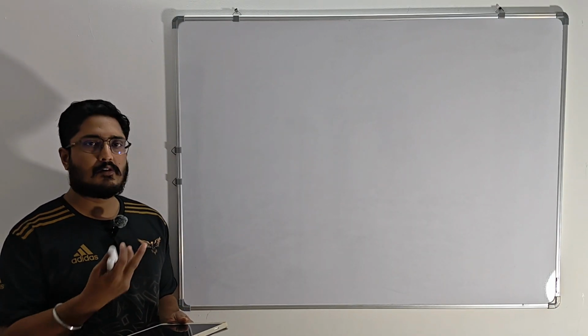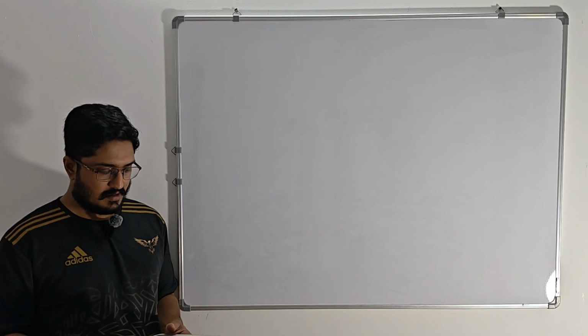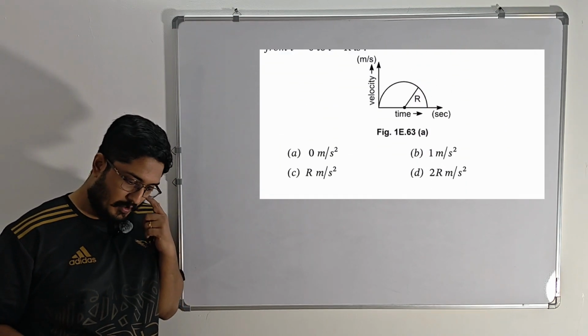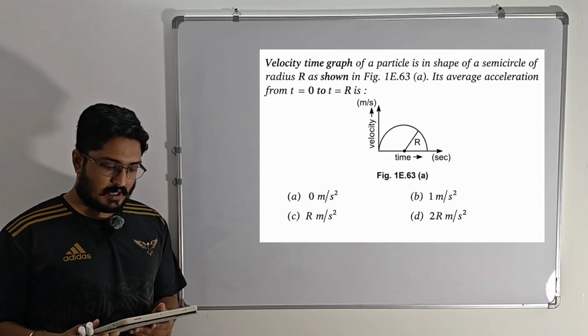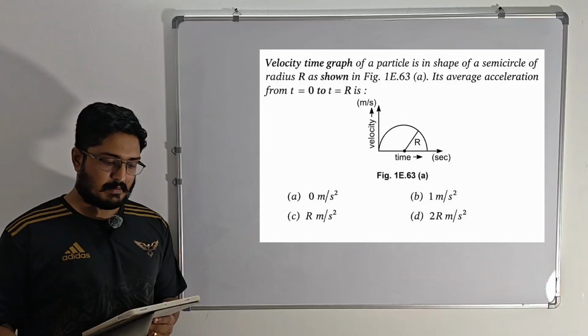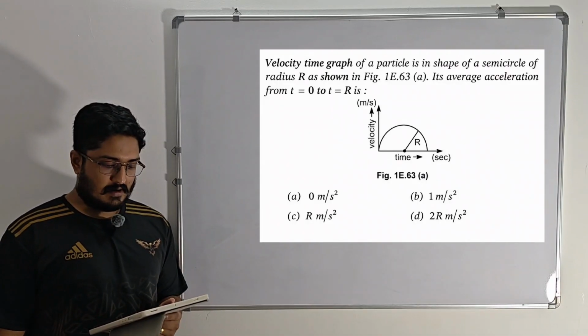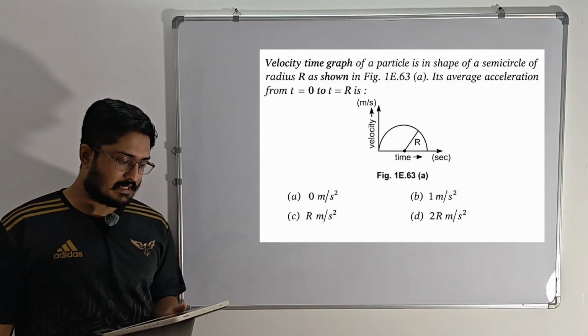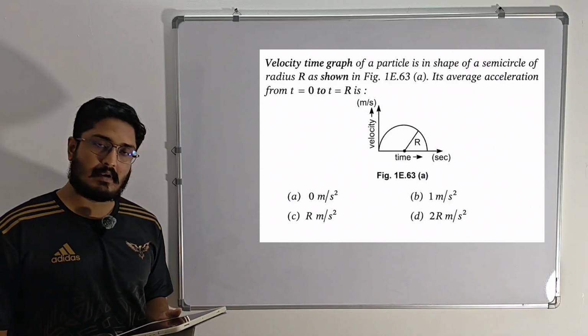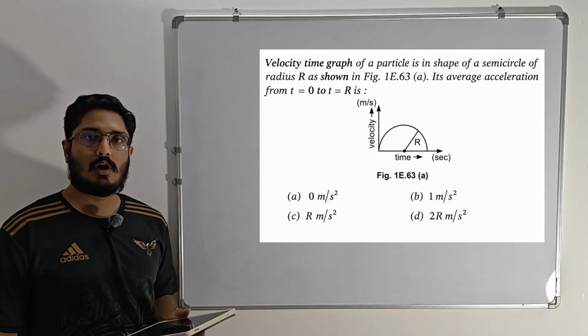So let us first of all see the first question that we have. As you can see on the board, the question says the velocity time graph of a particle is in the shape of a semicircle of radius r as shown in the figure. Then what will be the average acceleration from time t equal to 0 to t equal to r?